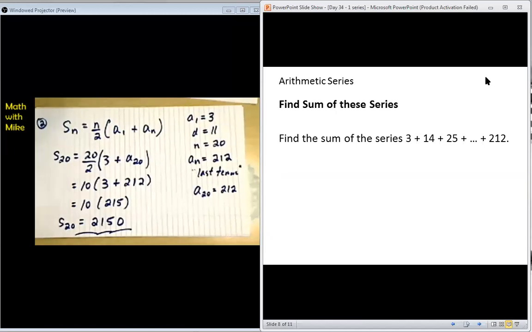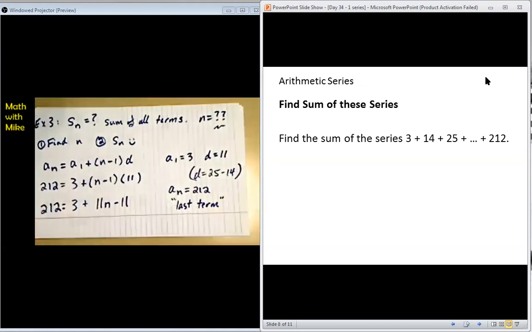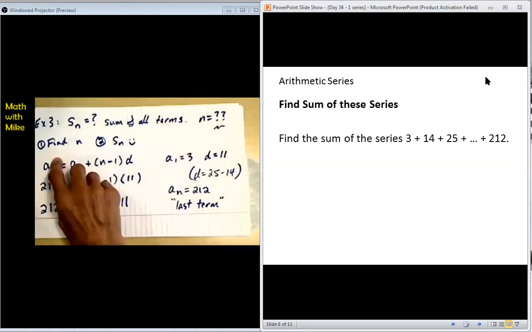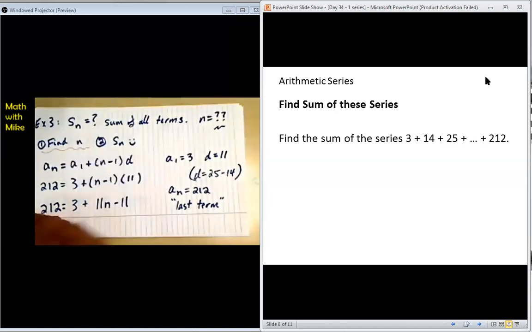Okay, so just as a recap there, right? What do we got? Add up all those terms that you see there, assuming the pattern goes on. The catch: we don't have n, so we've got to find it.